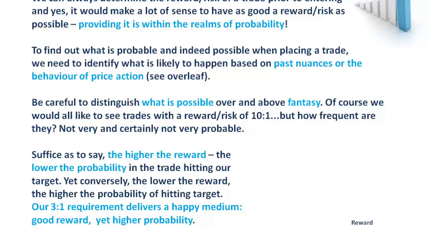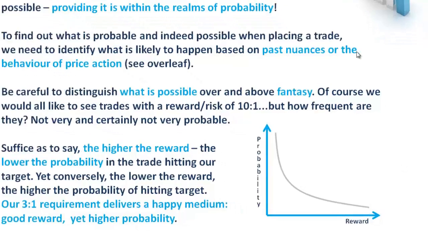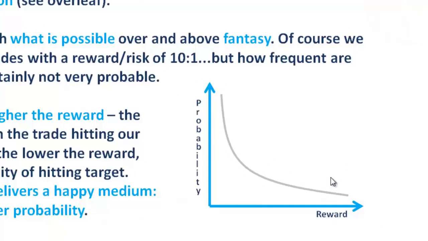And there is this trade-off in trading. What kind of a trader are you? Are you somebody who'd rather go for high reward with lower probability, or are you somebody who'd rather go for lower reward and higher probability? It's a real trade-off, like we can see on this curve here, and certainly we can't answer this question for you.